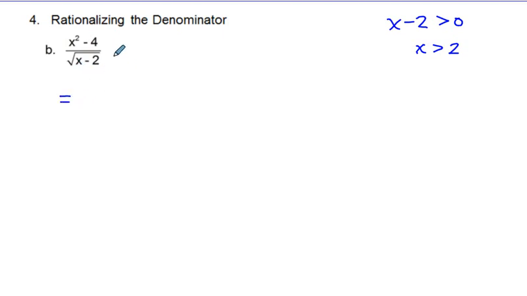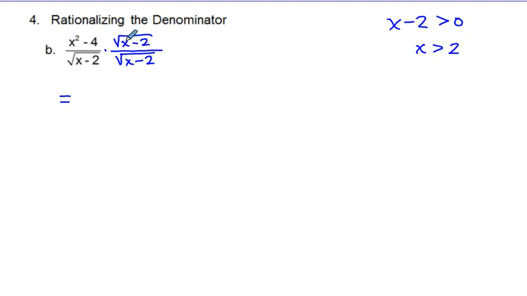We have, well, let's go ahead and multiply this out first. To get rid of our radical in the denominator, we have to multiply by itself, which is going to be x minus 2, square root of x minus 2. In the numerator, we have to do the same, square root of x minus 2.